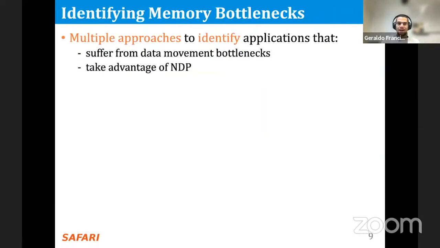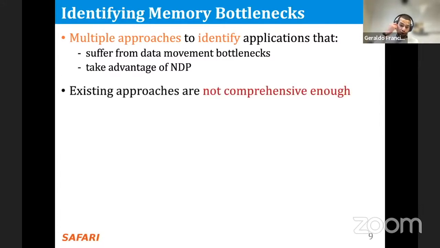The one thing that is common in all of those works is that they rely on different methodologies to identify memory portions of the application that suffer from memory bottlenecks, and then they use such methodologies to infer that such functions could benefit from reducing data movement bottlenecks.